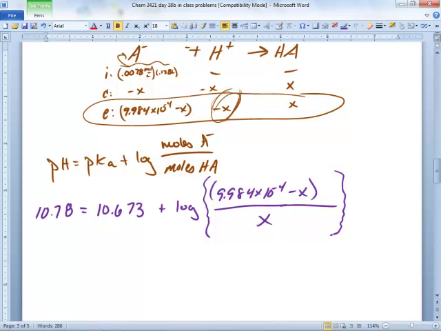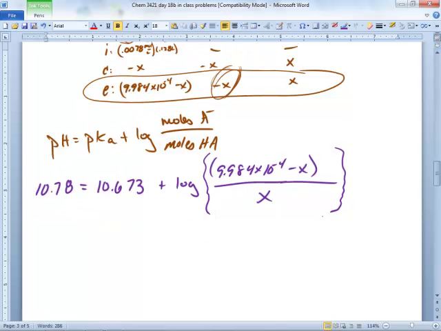Let's see. So we'd have to take 10.78 minus 10.673, about 0.107. So that is the log.